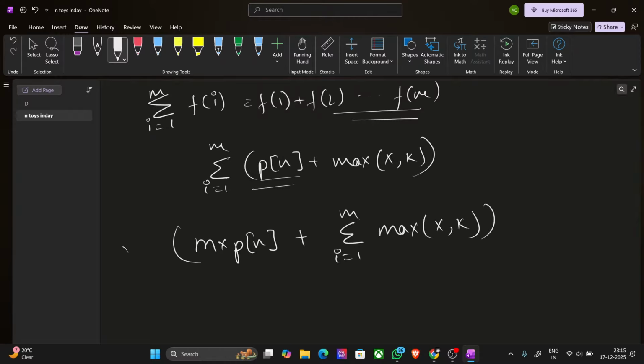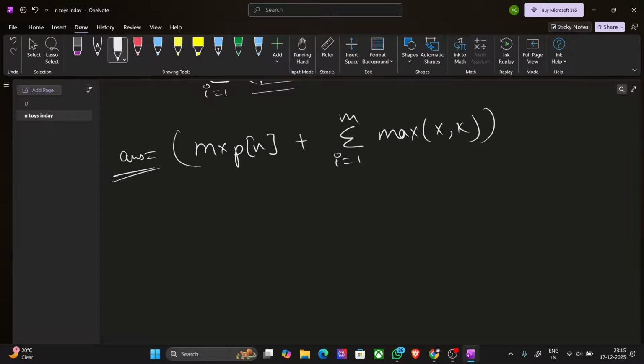Now how will I find the summation for i equal to 1 to m of max x comma k, right? So there are three cases for this.